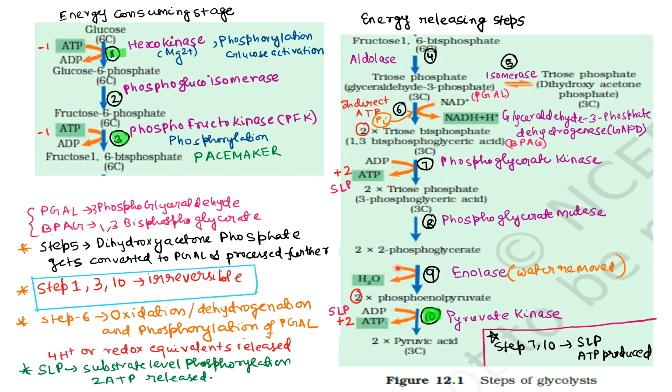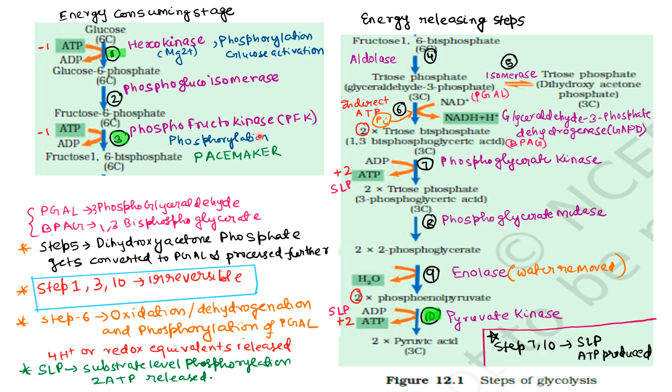So we will be having two molecules of phosphoenolpyruvate which will be making two molecules of pyruvate. So we will get two molecules of ATP here. Again, we will have two ATPs coming from substrate level phosphorylation. The enzyme catalyzing this reaction is pyruvate kinase.